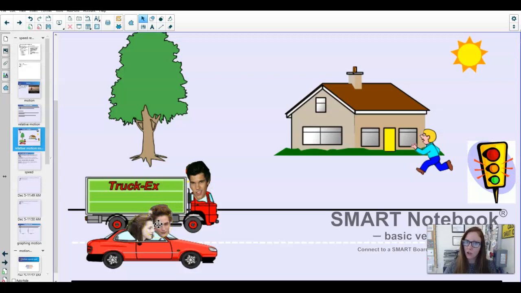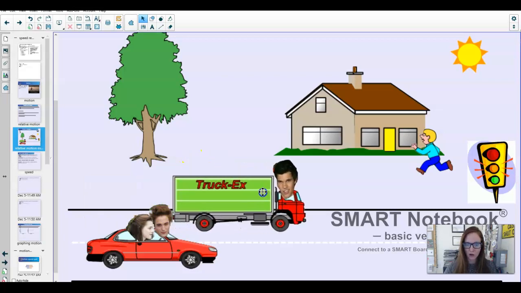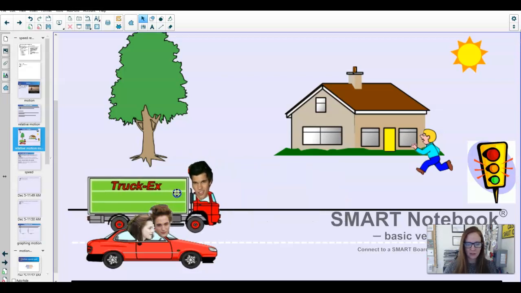And the answer is no. As long as they're moving in the same direction at the same speed, they are not moving compared to each other. Similar to how Jacob is not moving compared to his truck. And this is very important when we get into Newton's first law and why it's important to wear your seatbelt.